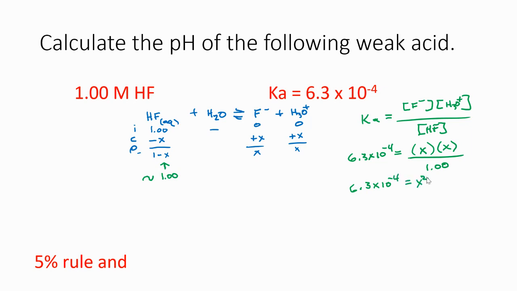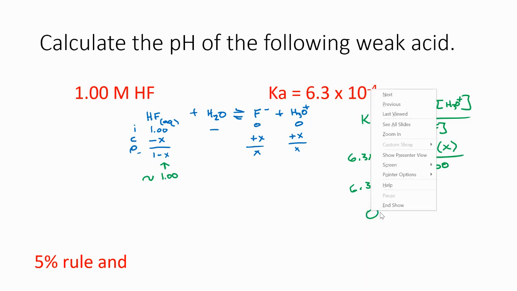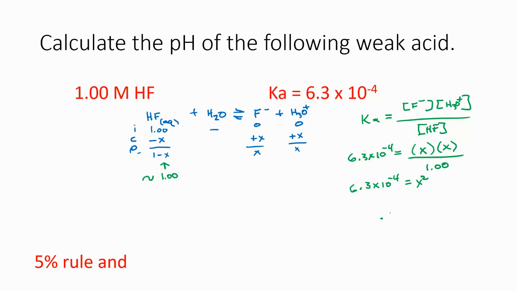If I take the square root of both sides on my calculator, the square root of 6.3 times 10 to the minus 4 is equal to 0.0251 molar. That's X. But more importantly, it's also the H3O plus concentration.